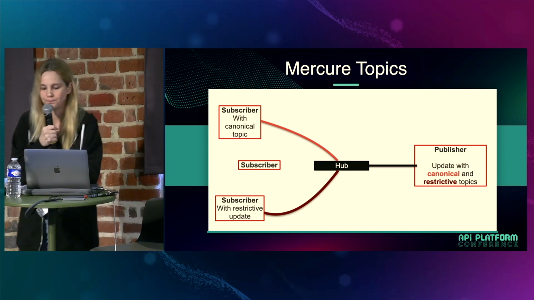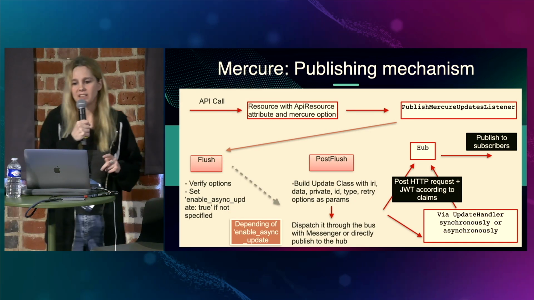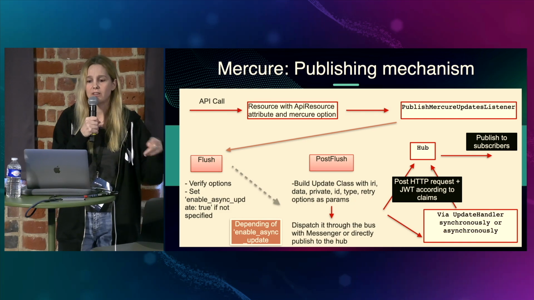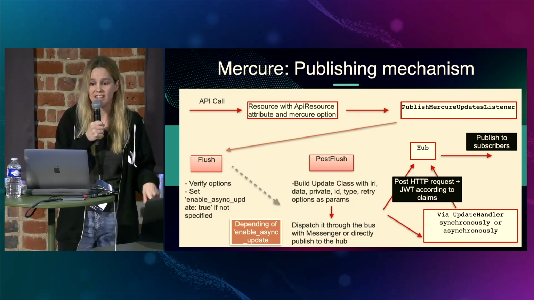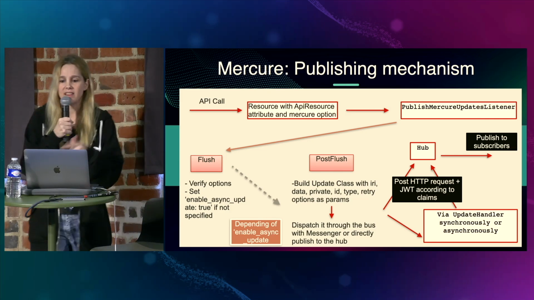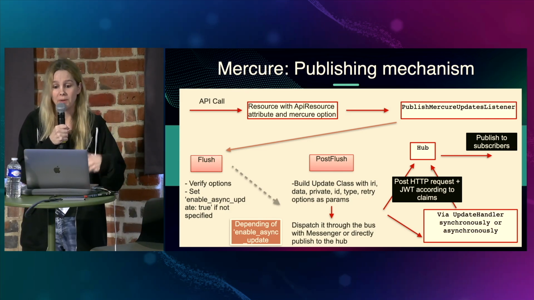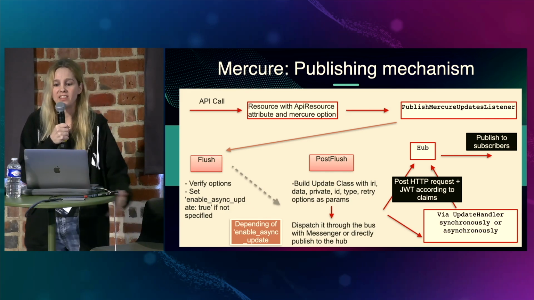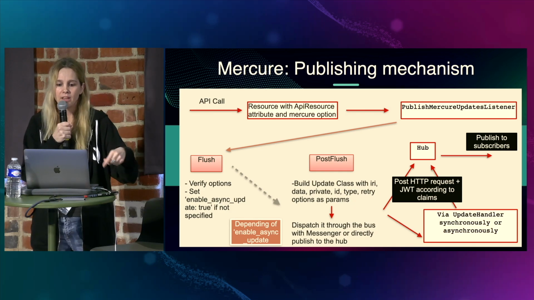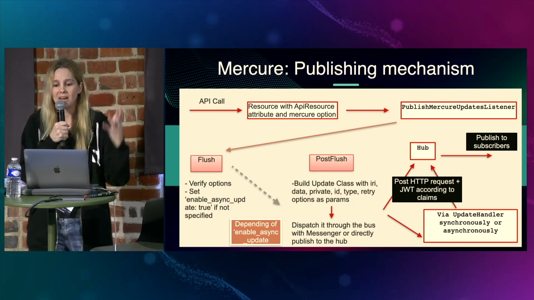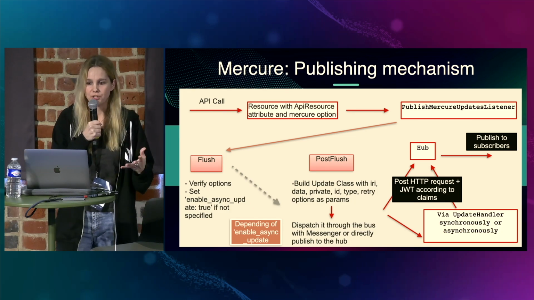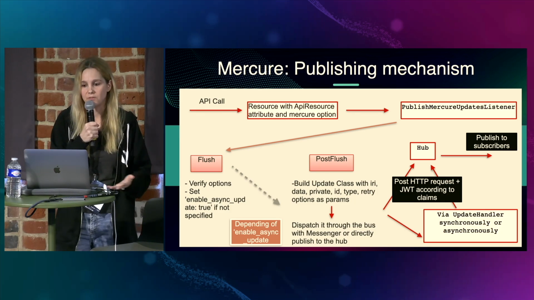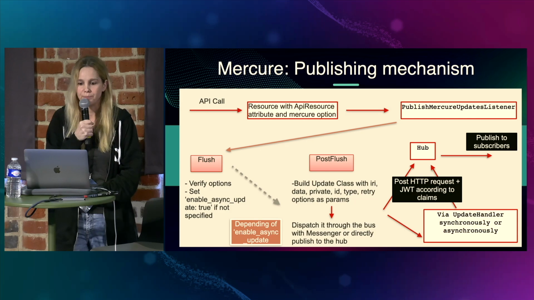So it's pretty good. The publishing mechanism is pretty cool. As you can see on the slide, there is a listener that hooks into the flush and post-flush events. Basically, it checks that the options passed are correct, and then builds an update that looks like the one you see here. So another interesting thing is that by default, if the enable async update option is not specified, it will set it to true.